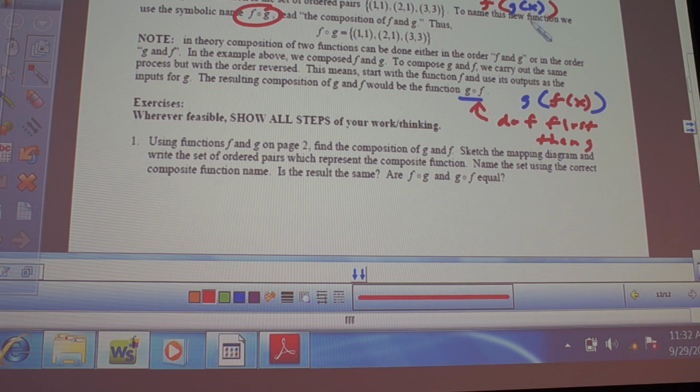This one up here, you do g first, then f. Everybody with me on this part? Take down notes if you need to. All right, so the inside one you do first. So if you immediately write it in this other format, then just remember you always do the inside one first.